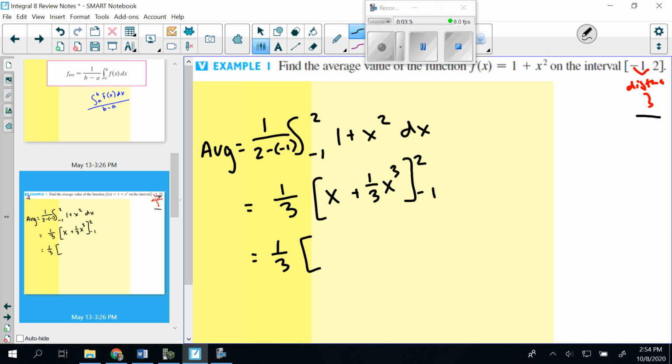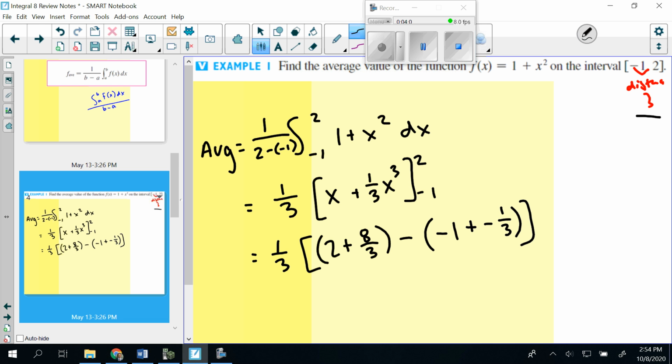So we're doing 2 plus 2 to the third power, which is 8. 8 times 1/3 is 8/3 if we put 2 in there. Minus what we get now when we put in -1. So we got -1 plus -1 cubed, which is -1 times -1 times -1, which would end up being -1, times 1/3 would be -1/3.